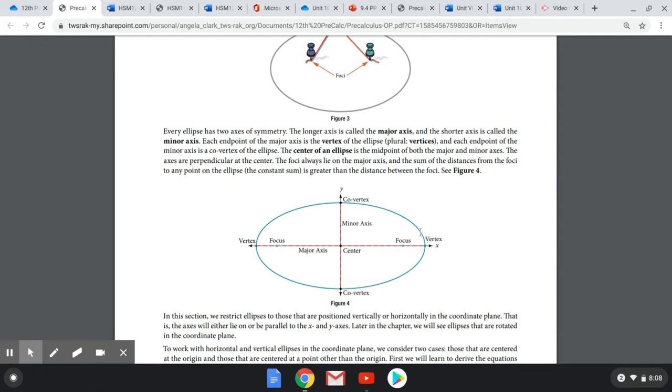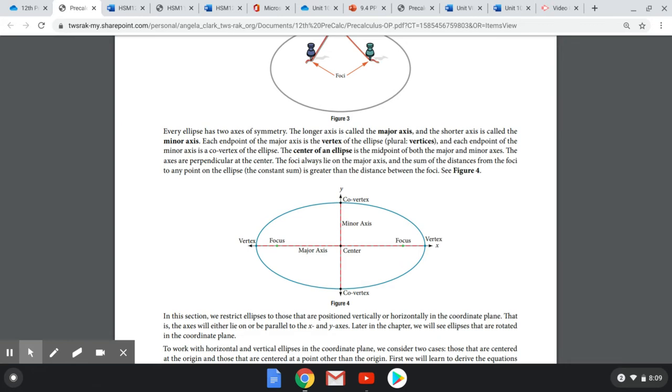So there are walls around the edges in the shape of an ellipse. And I pass a ball through the focus, it's going to bounce off the edge and it's going to go through the other focus every time. And then it will bounce off the edge and go through the other focus, and bounce off the edge and go through the other focus until it runs out of steam, basically.